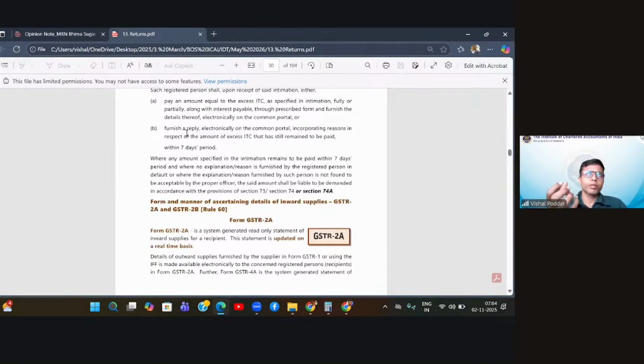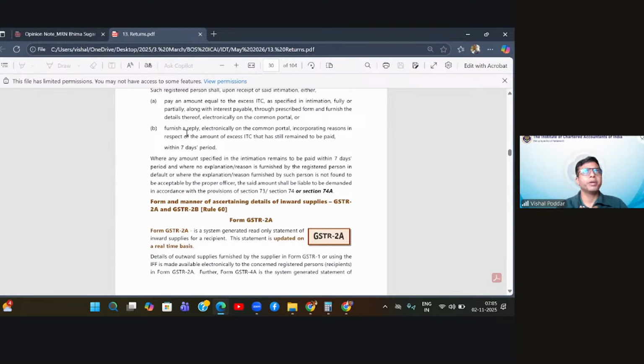When the supplier will upload his GSTR1 and the returns of 2A, 2B are created at your end, now you are given the option to change these information through this IMS. So IMS is a functionality where whatever details supplier has uploaded, which is appearing in your portal, can now be accepted, rejected, amended, that is modified.